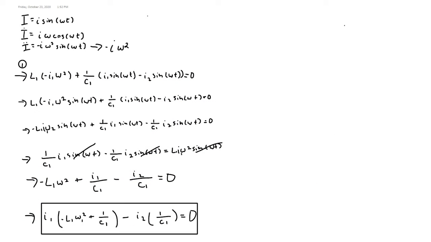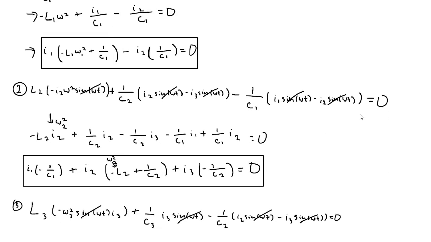Okay, so for convenience's sake, I converted our OneNote file into a PDF file instead, and then here are our equations, and of course we differentiated I twice, so we get negative I omega squared sine of omega t, and then we substituted the values, and then we finally get this for our first system of equation. So for our second system of equation, of course we substitute the values again.